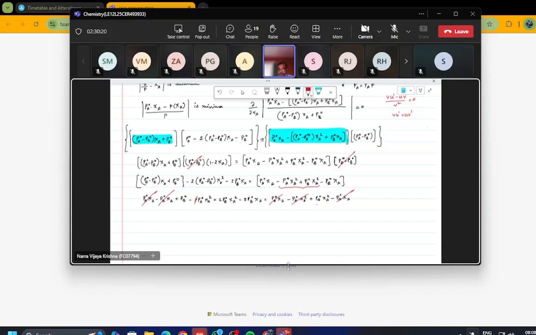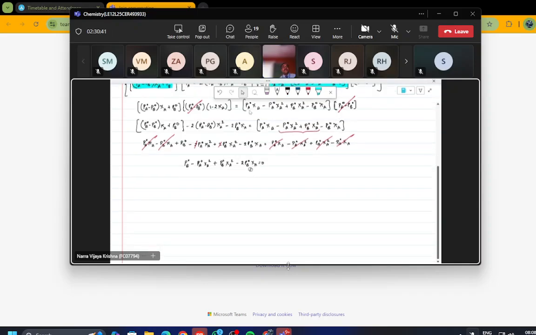What is left? PB naught into XA square. One time gone. What is the equation left? PB naught minus PA naught into XA square plus PB naught into XA square minus 2 PB naught into XA equal to... quadratic expression you got. It will have 2 roots.